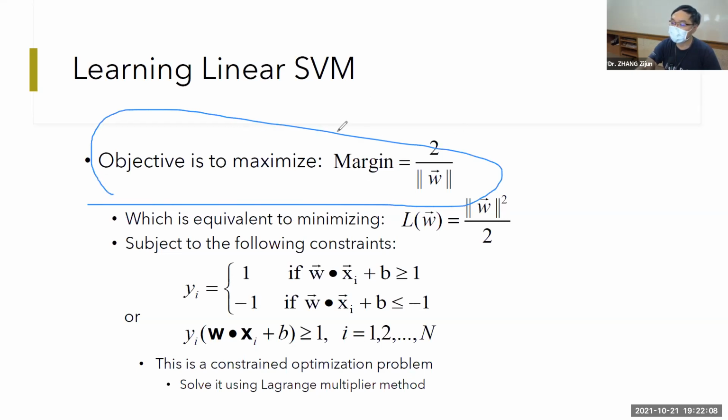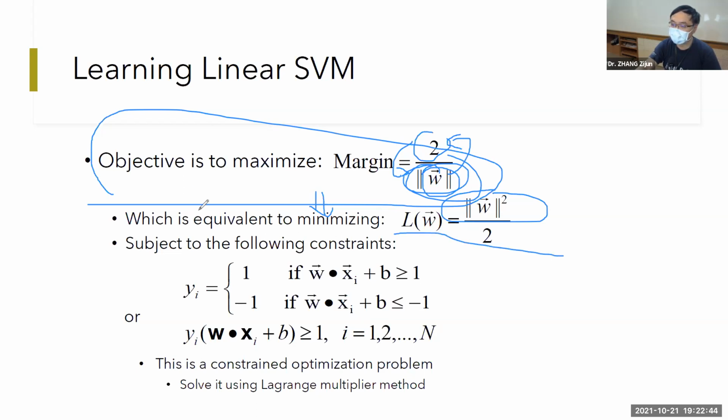Such a maximization problem can be equivalently reinterpreted as a minimization problem by reversing the position of these two terms. If we want to maximize the margin, we want the bottom one to be small enough, so we minimize the top one.